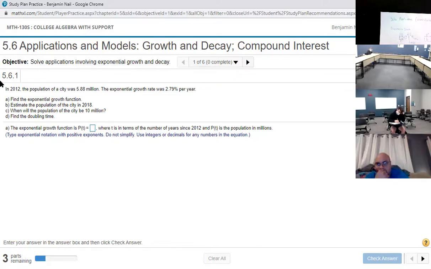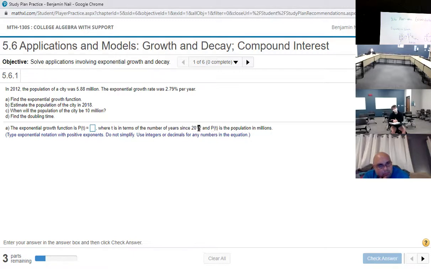Also pay attention in the word problem, where we're finding the exponential growth function, it says t is the number of years since 2012. So it's setting 2012 as the starting year. If you put in 0, that's the year 2012. When it's talking about 2018, that would be 6 years from 2012.